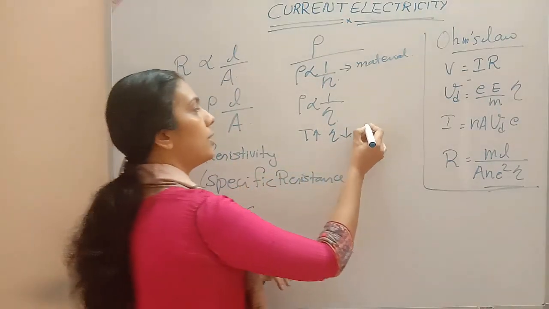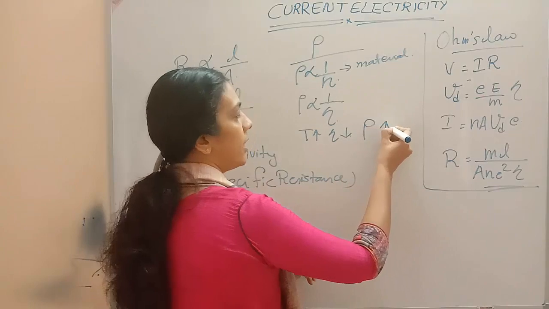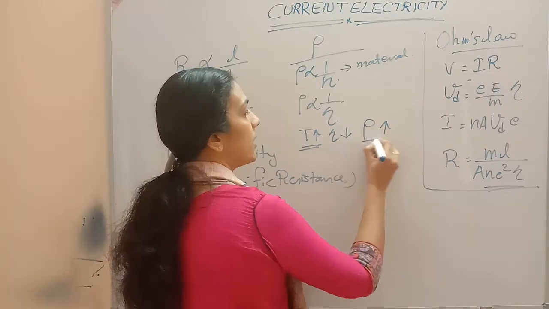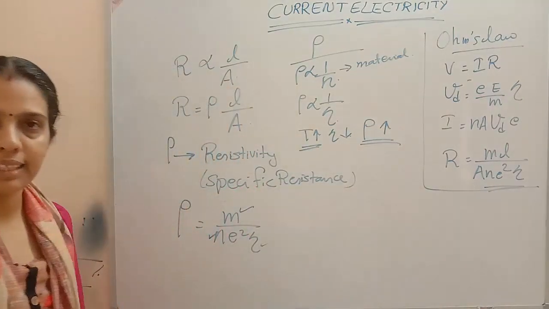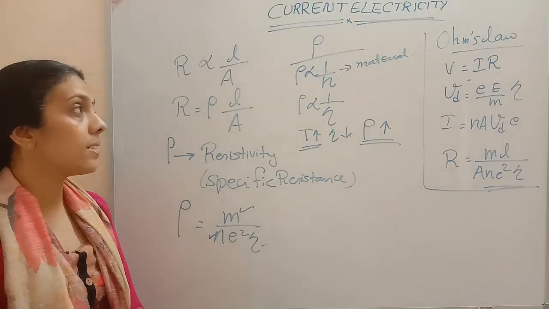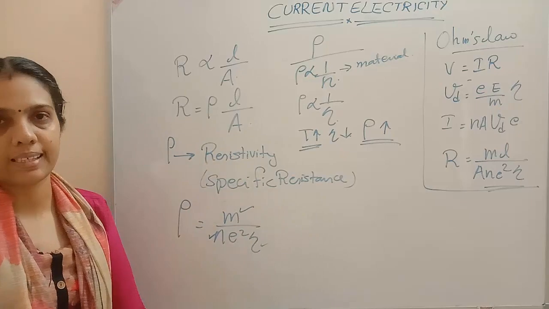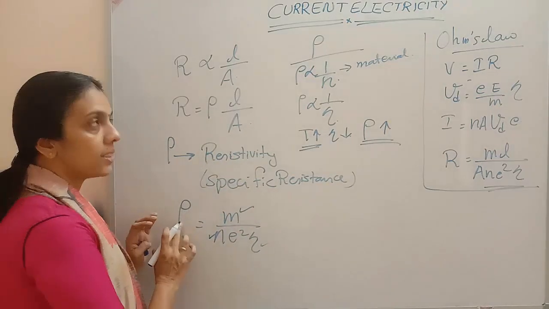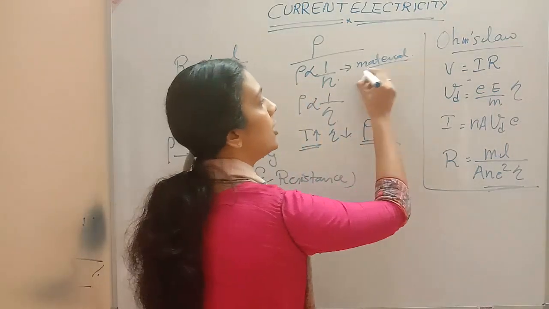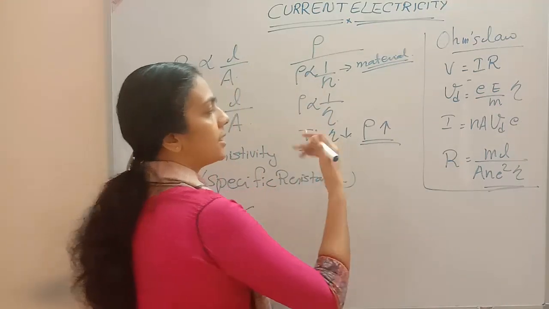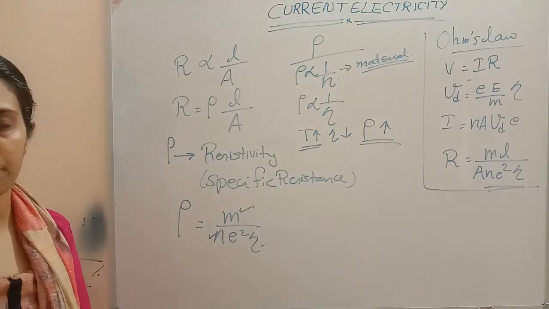So what will happen to rho? Rho will increase. So as temperature increases, specific resistivity will increase. So rho depends on the material, changing from material to material, and as temperature increases, rho will also change.